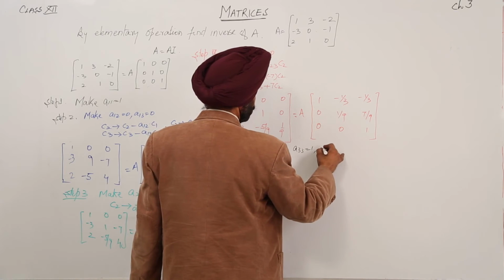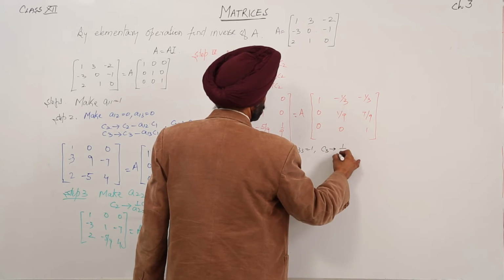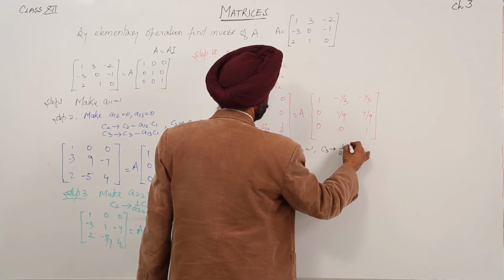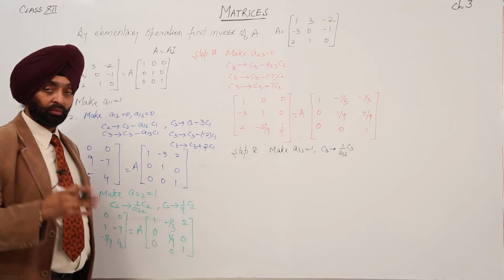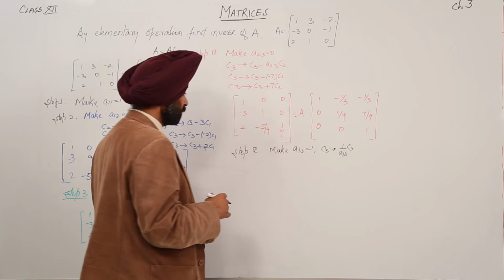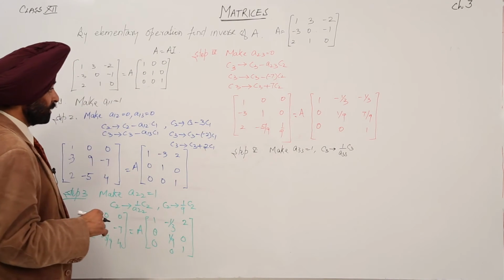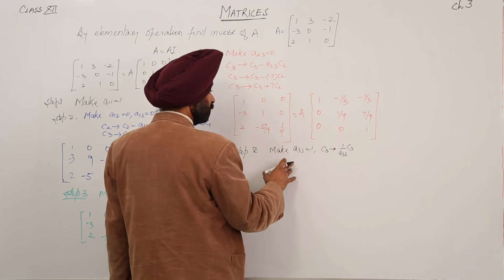Now what we are applying? C3 approaches 1 upon A33 with C3. We have to divide column 3 by 1 by 9. So what we are getting now here?